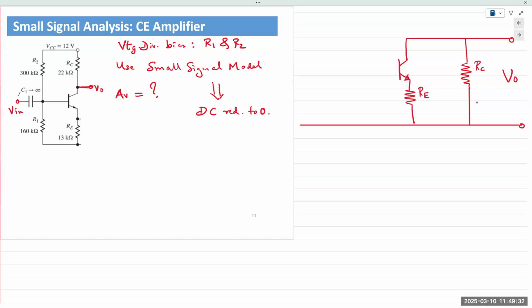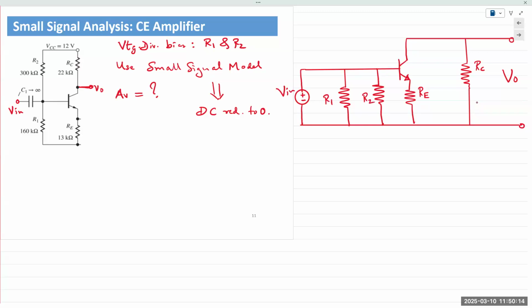So right now we are simply applying small signal analysis to the externals and just redrawing the external circuit. The BJT hybrid pi model will be in the next step. So this is our AC input V in, R1, R2 in parallel.